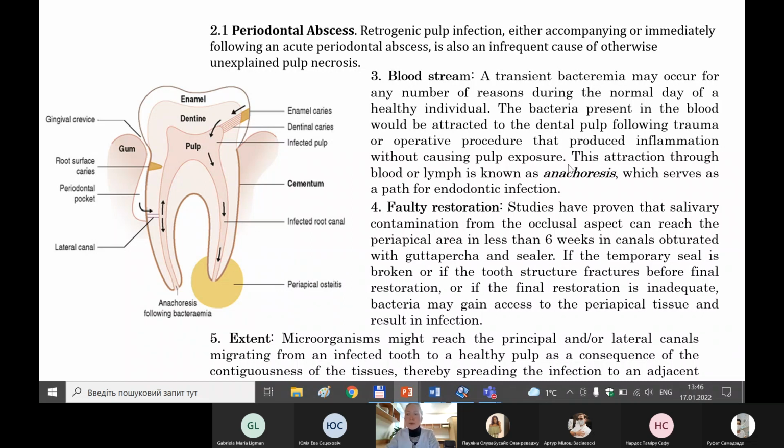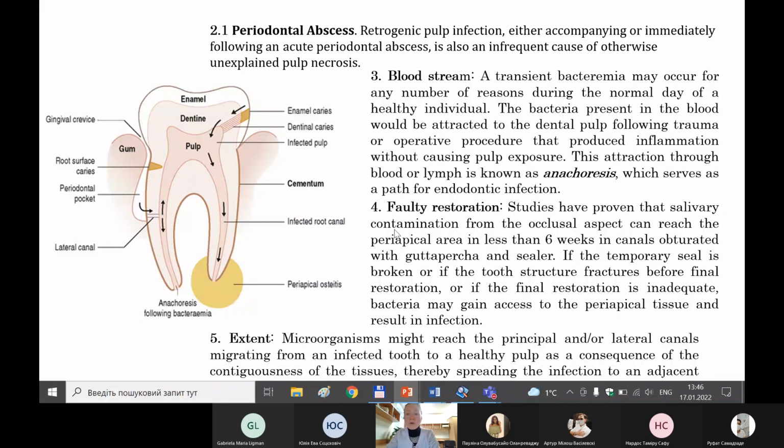And actually, when we say anachoresis, we should think that microorganisms are distributed from other areas of the body into the bloodstream of the tooth.